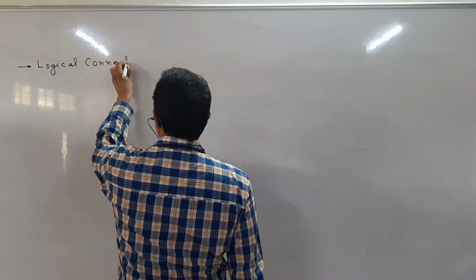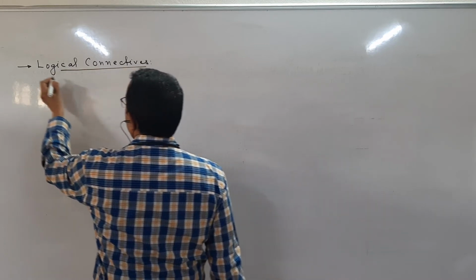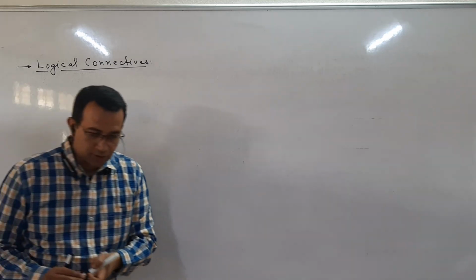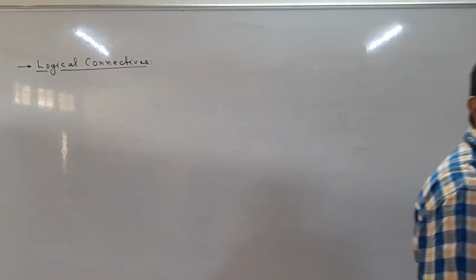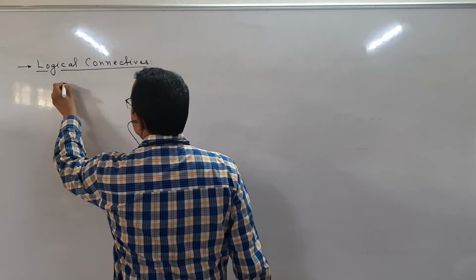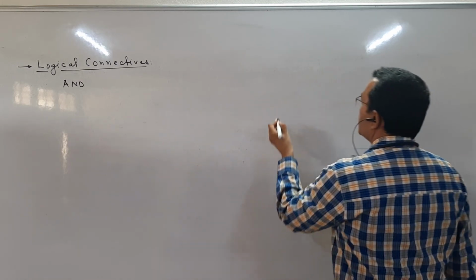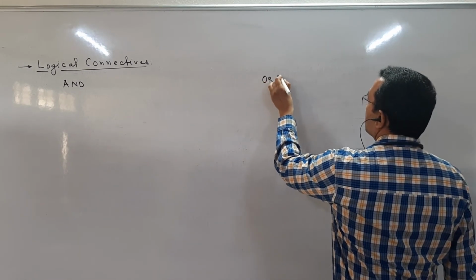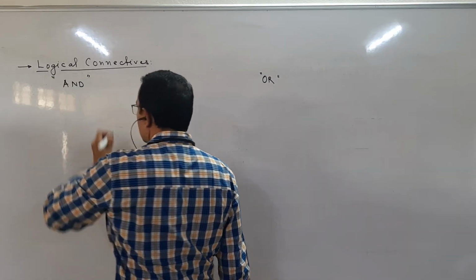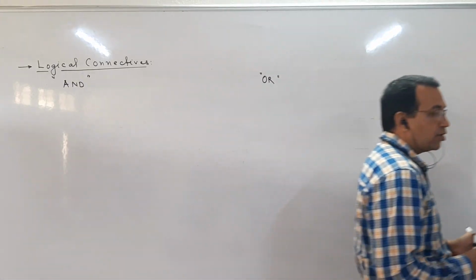Logical connectives. Now, all of you students pay attention. This is the core concept of the chapter. There are two logical connectives. First is "and", students, the other is "or". The two basic logical connectives are "and" and "or".